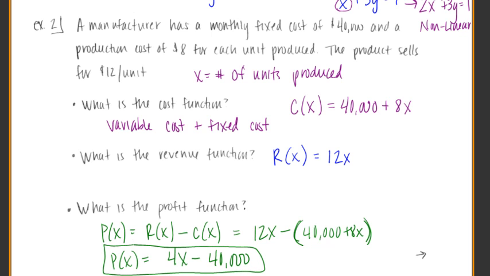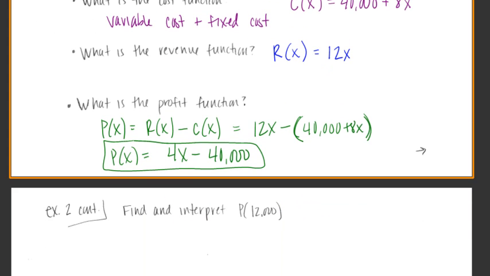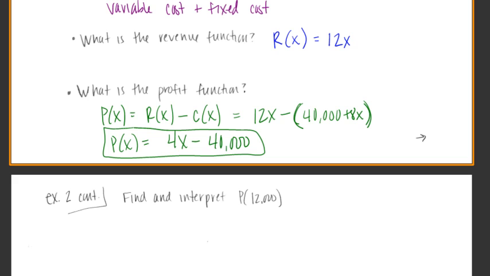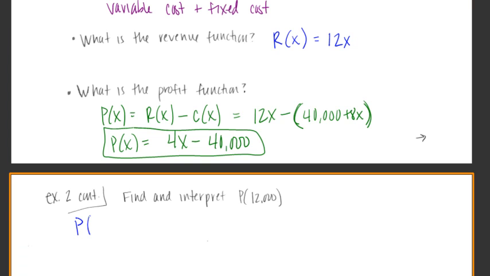Okay, now let's go on to the next part. It's going to keep going with this whole idea. It says find and interpret P of 12,000. Well, luckily since we named our functions, we know P of 12,000 is saying, what's the profit at 12,000? So P of 12,000 is going to equal 4 times 12,000 minus 40,000.